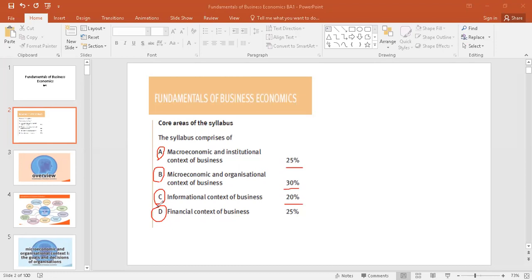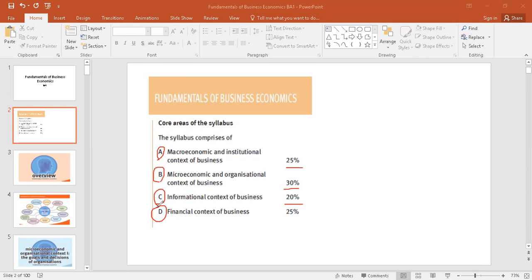So here the subject is not looked into exclusively, but rather we take the help of multiple other disciplines, like accounting comes into the picture, finance comes into the picture, statistics is a part of it. When multiple aspects of business are integrated into economics, then we can understand the concept in totality.